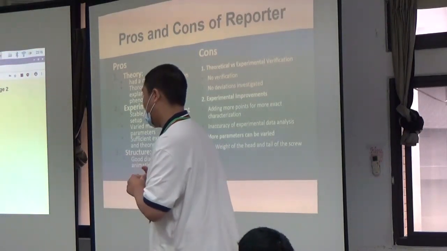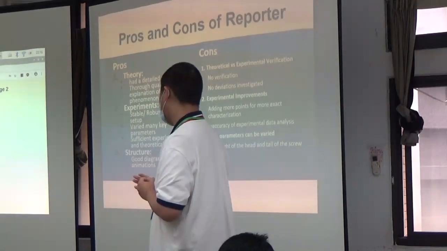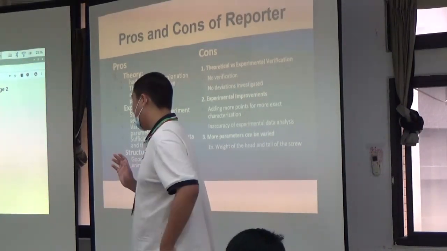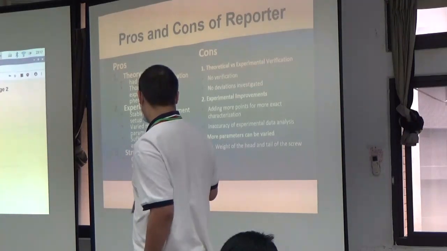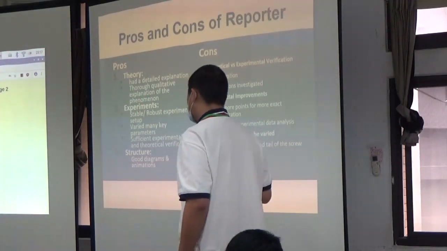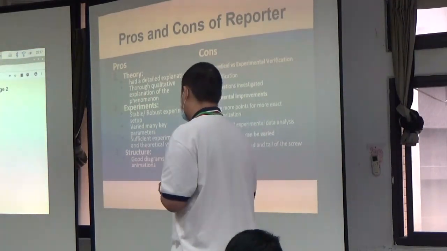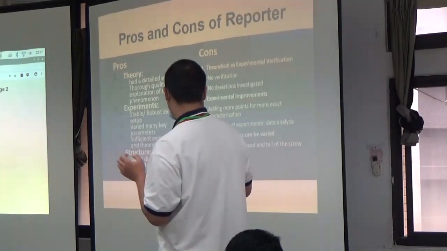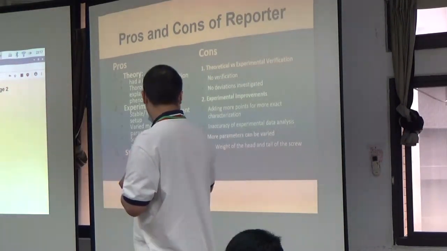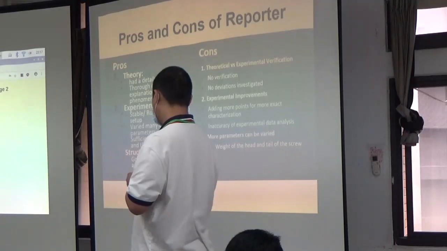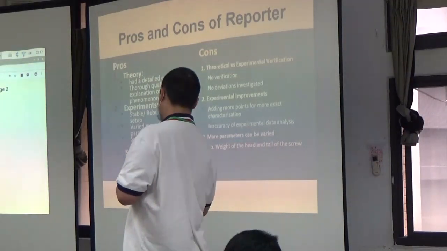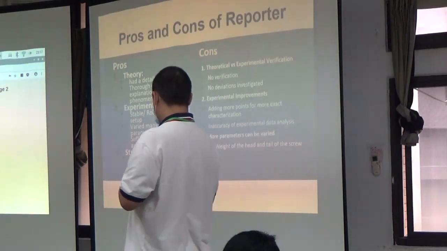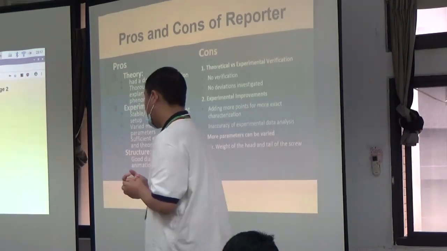And in the experiment, they have a stable and robust setup, varying some of the key parameters, and they also have sufficient experimental data and experimental verification. Finally, in the structure of the presentation, they have good diagrams and animations.